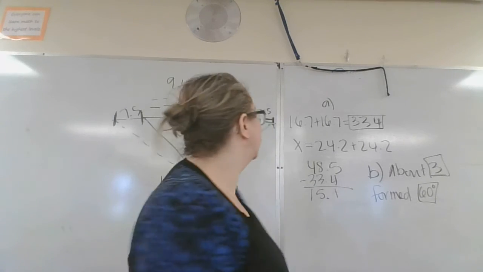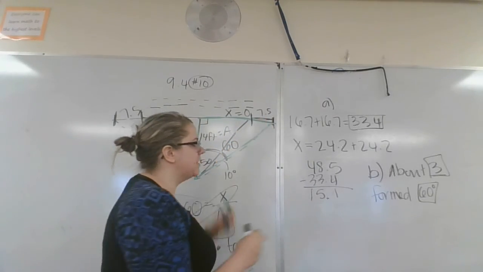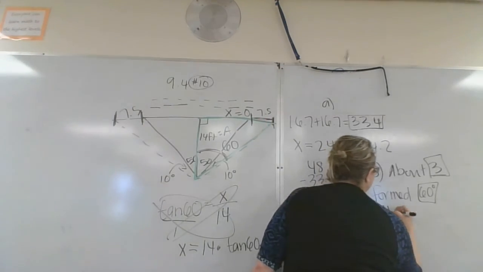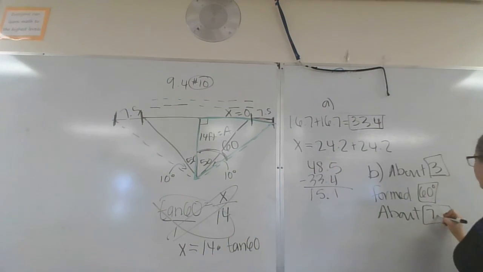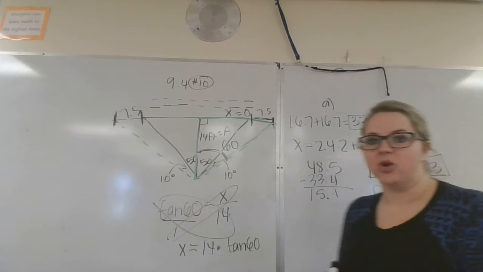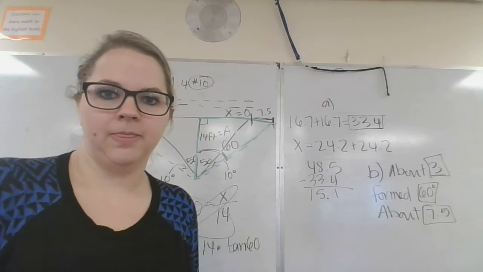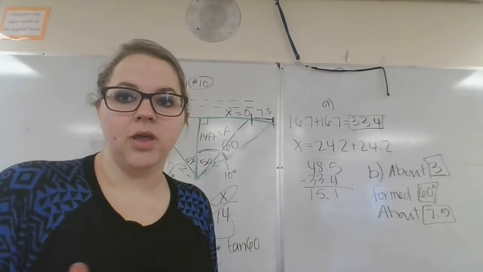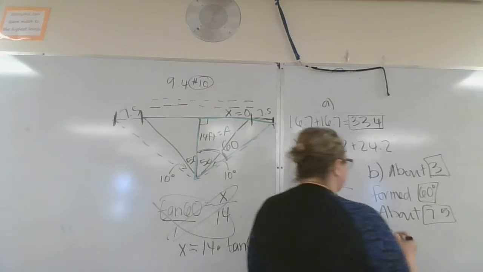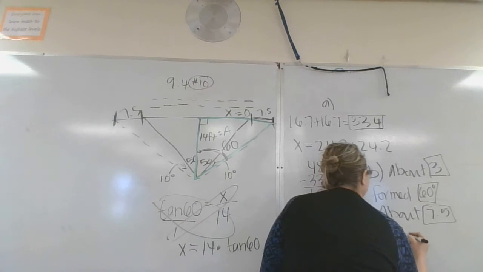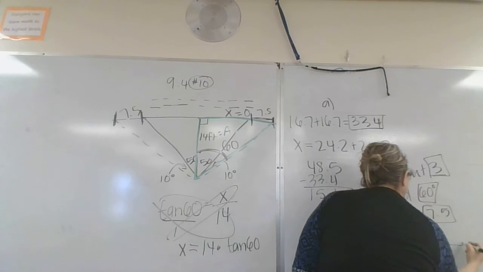Oh, no, sorry. It's saying just how much bigger this is. This is about 7.5 feet longer than the opposite leg of the triangle formed by the 50 degrees.